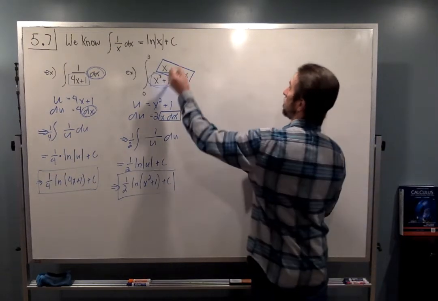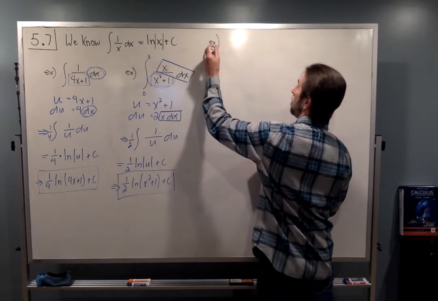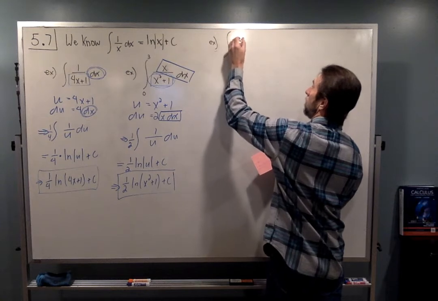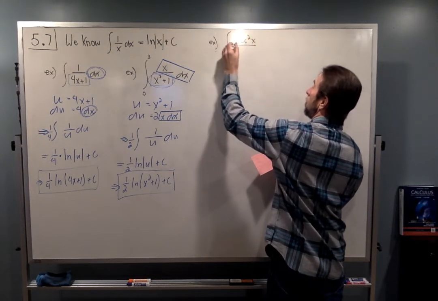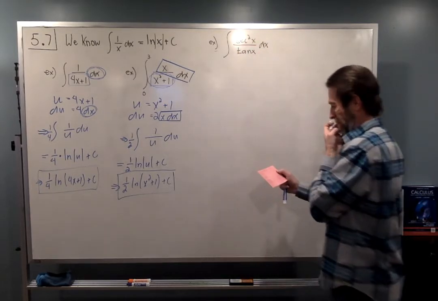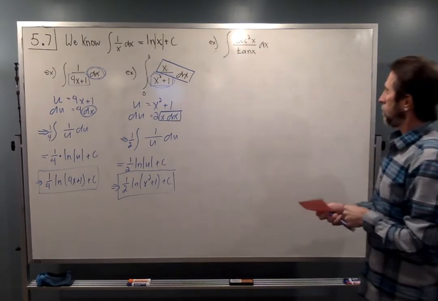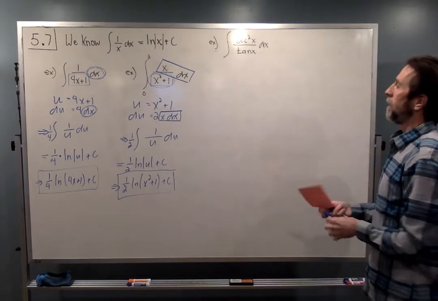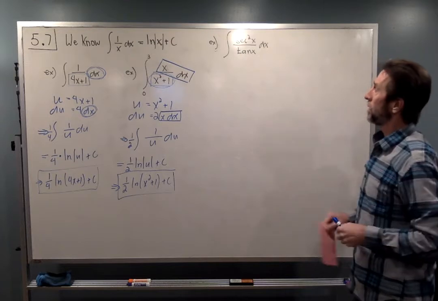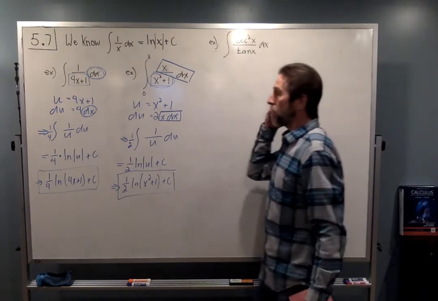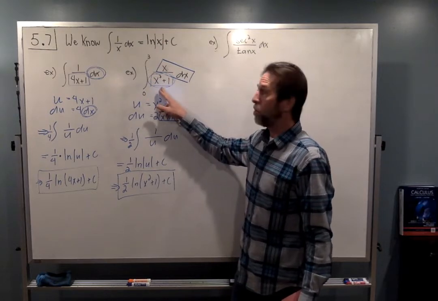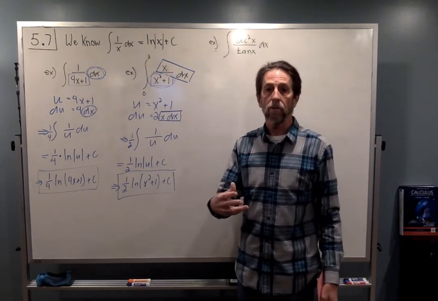Here we have a function involving trig. We want to integrate secant squared over tangent. Even before I try to think about this, you notice here I let the x squared plus 1 be u because I knew the derivative was close to x.